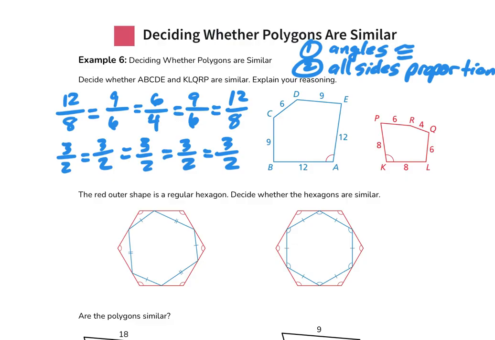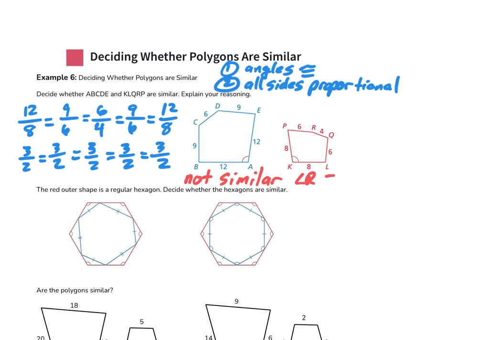I have always told you don't go off of looks, and so this is one that I wouldn't give you on a quiz or a test. But this is one that we kind of picked out. And so if I looked at these two, because R looks a little bit different than D, we would probably say that these two are not similar, because angle R is not equal to angle D. And I'm just going to write here that it doesn't look like it.